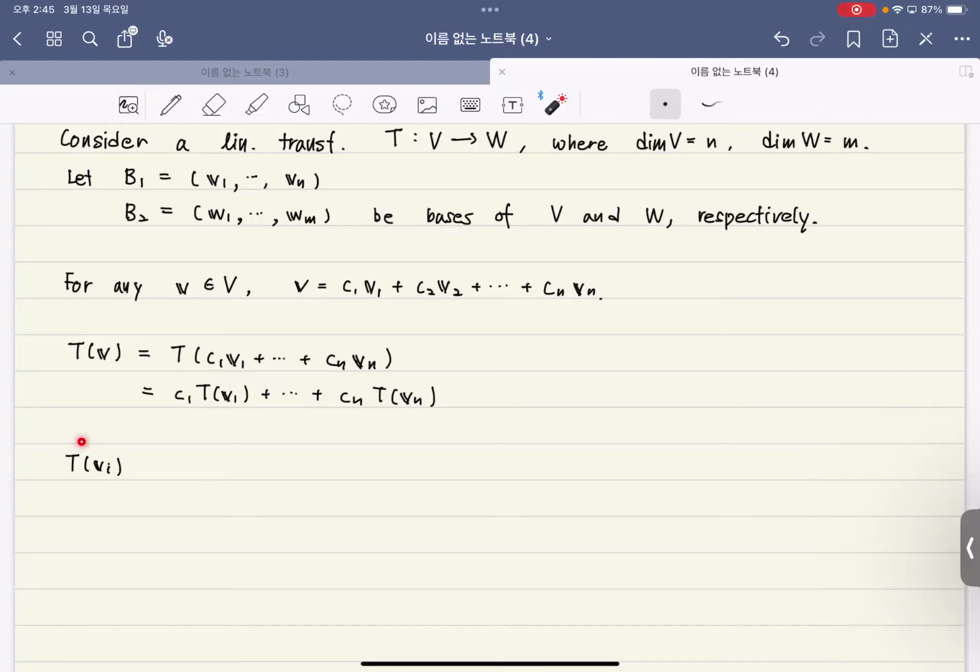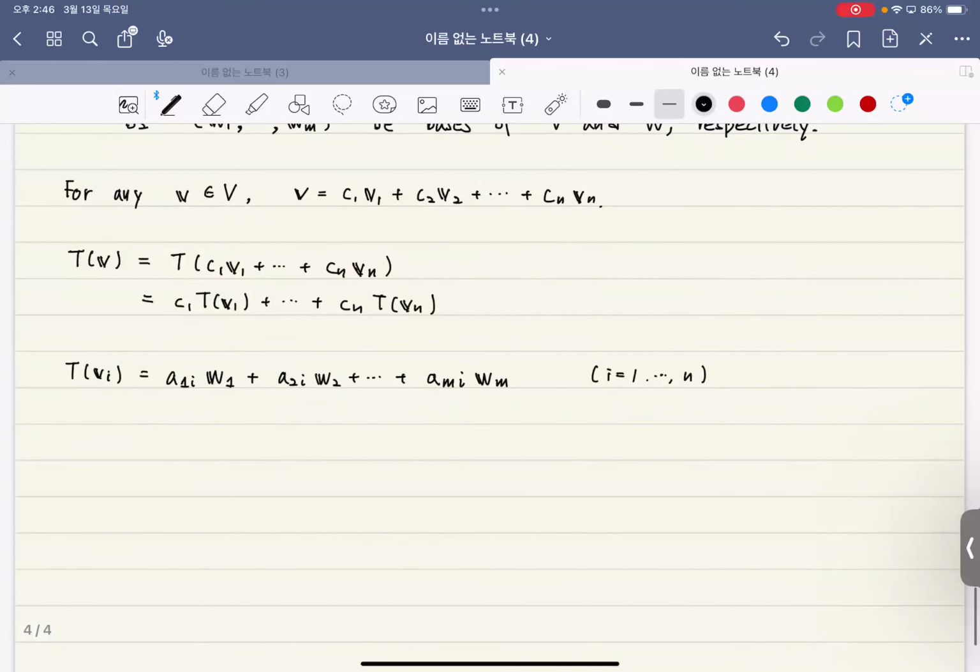And again, T vi must be a member of W. So I must be able to write this as a linear combination of these basis vectors: a1i w1 plus a2i w2 plus and so on, plus ami wm.